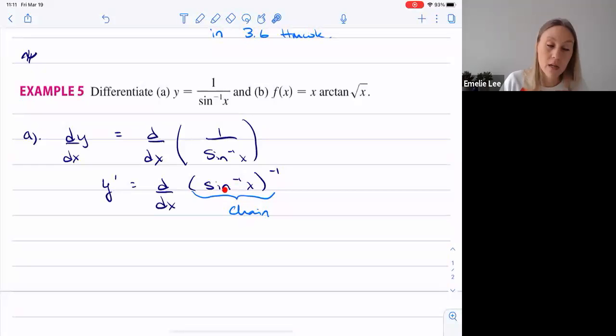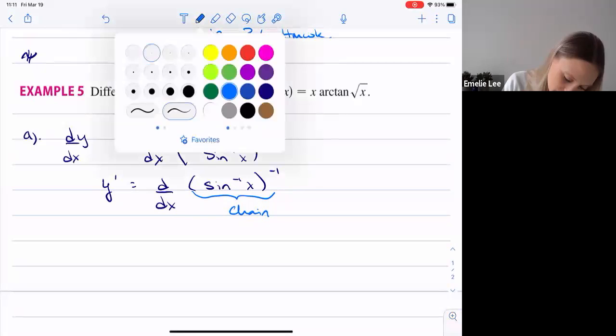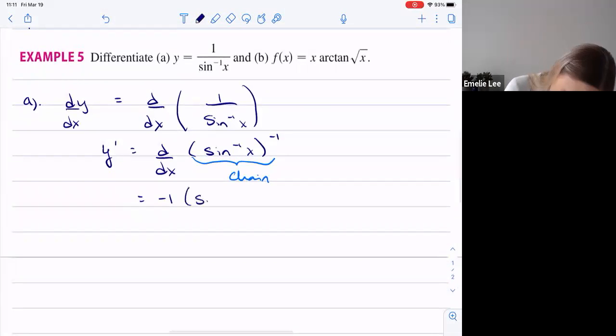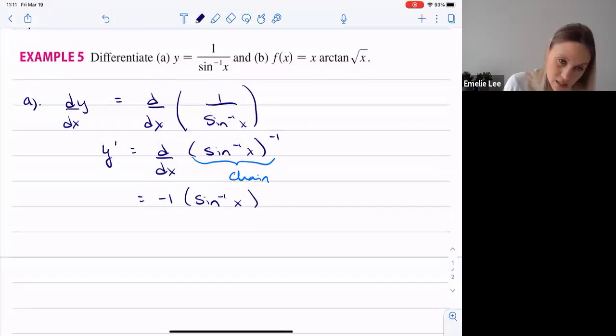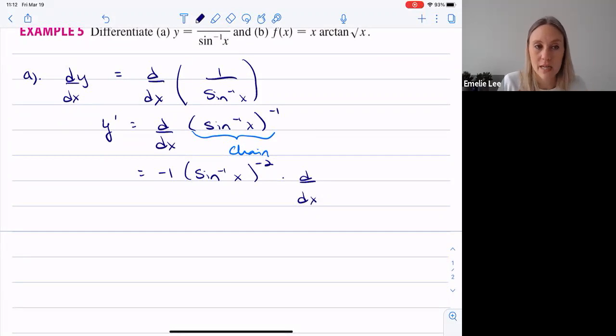By the chain rule, I have to take the derivative of the outside, evaluate it at the inside, times the derivative of the inside. So here we go: -1 times sine inverse x to the -1 minus 1 is -2. And then, just to slow my roll here, I'm going to multiply by d dx of sine inverse of x.